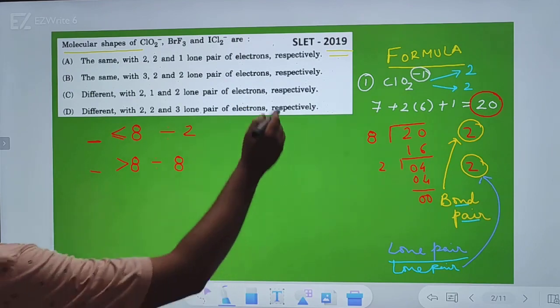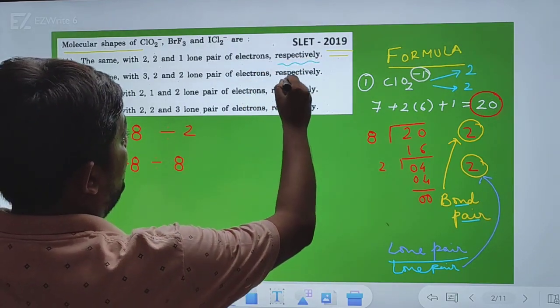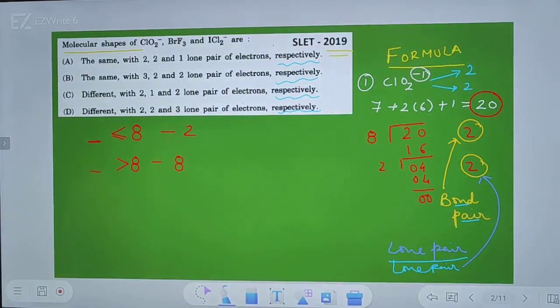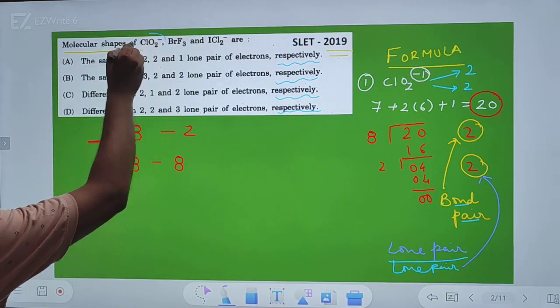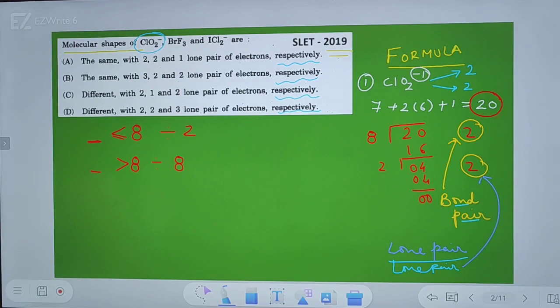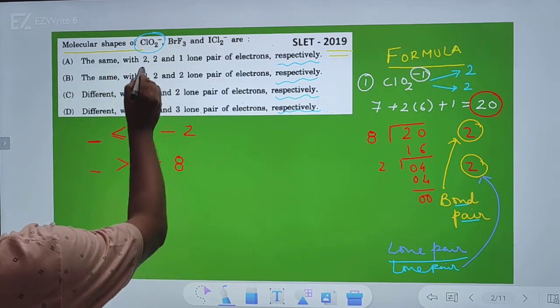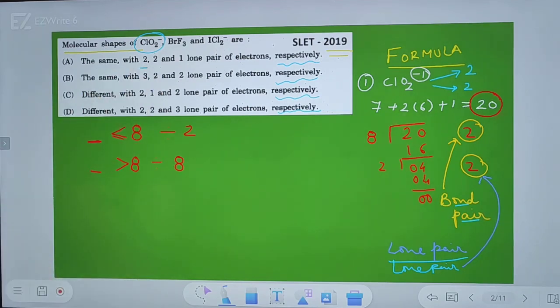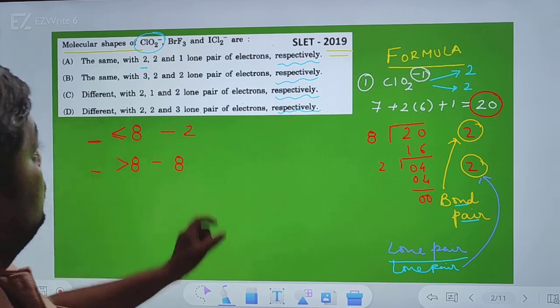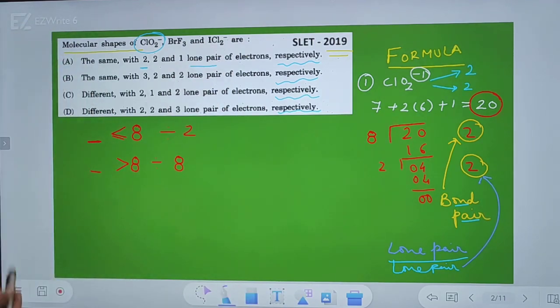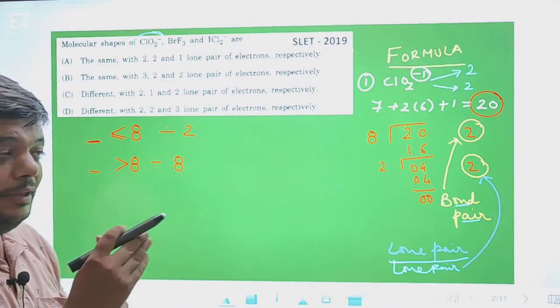If we keep this in mind, we know what to do. We are supposed to find out lone pairs and whether the shape remains equal or not, so we have to do both, the shape as well as the lone pair.